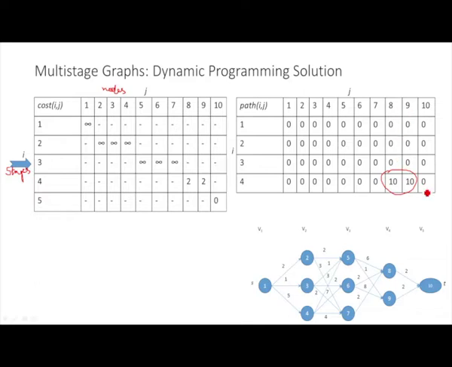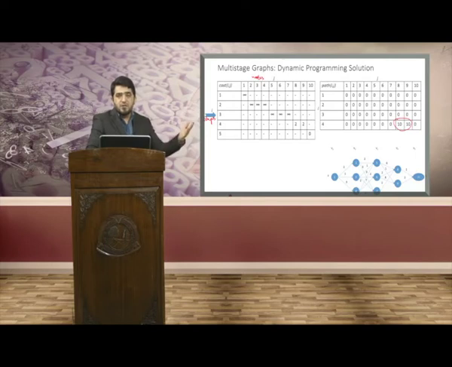Similarly, for 9 as well, if we have chosen node number 9 in stage 4, in order to go to the final node T, we have to choose node number 10, and this node number 10 is itself the final node. So we'll illustrate using dynamic programming how we will fill these different arrays.